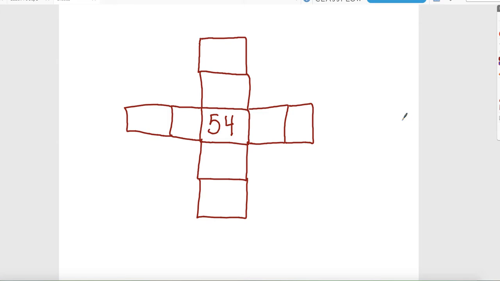Derek, if I'm using the pattern counting by ones, what number comes next? 55, very good. So I would put a 55 in the box here. So now I have 54, 55, still following that pattern. Valerie, what do you think would come after that? 56. 56, great job.